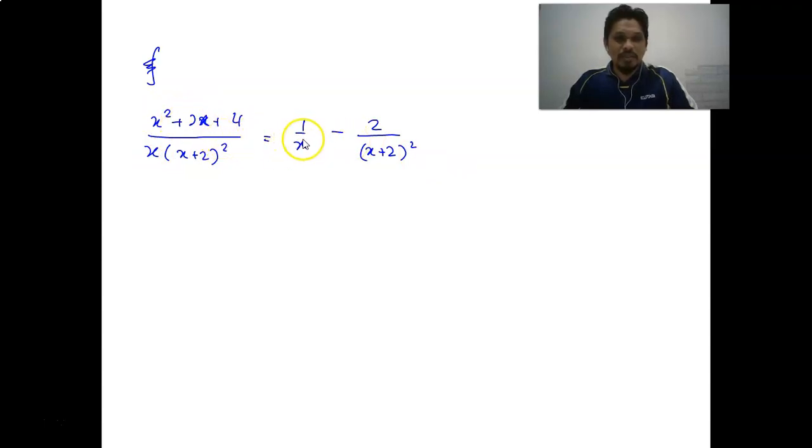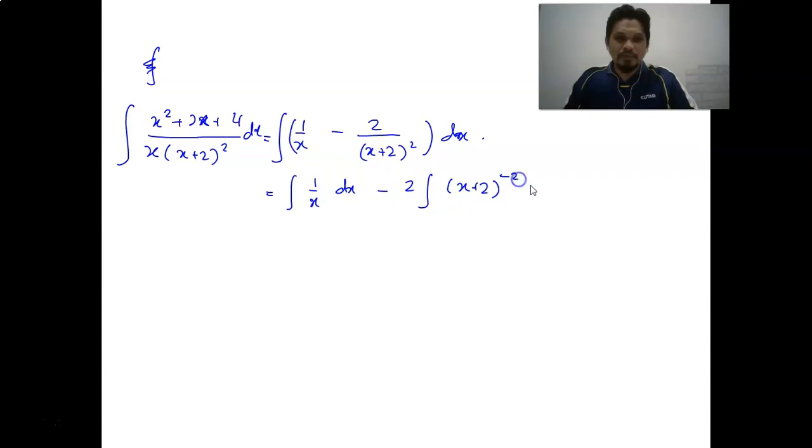Then we get a equals 1, b equals 0, and c equals negative 2. So we integrate everything here with respect to x. The integral of 1 over x dx, minus 2 times the integral of (x plus 2) to the power of negative 2 dx.